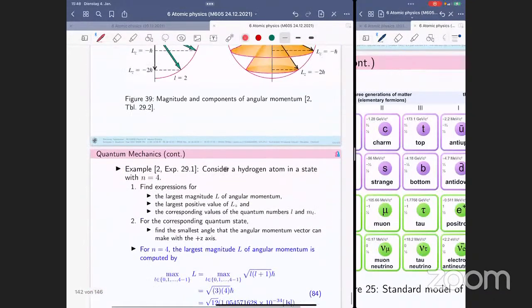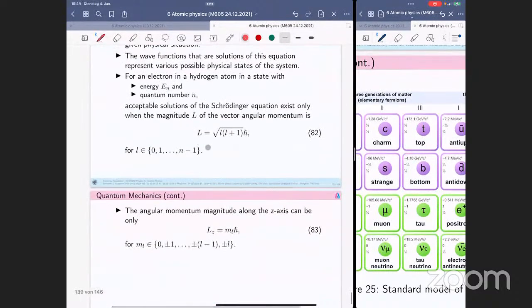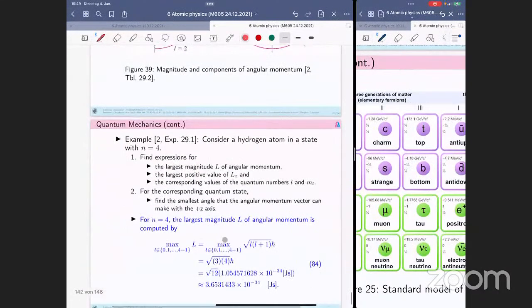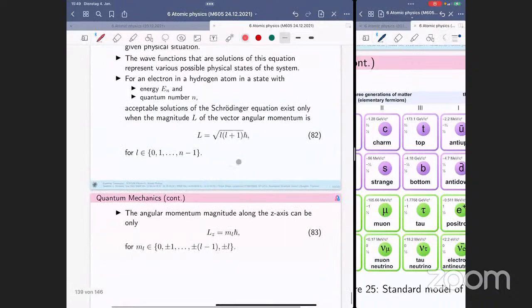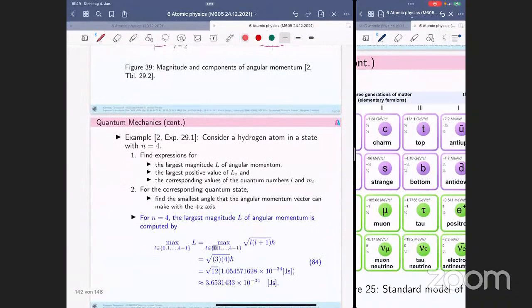When we start with n equal to 4, the largest magnitude L will be max of L. We start from the expression here, equation number 82, and we try to maximize the value of L. L goes from 0, 1, 2, 3, because 4 minus 1 is 3, and we find the best combination that gives the maximum value of the square root.